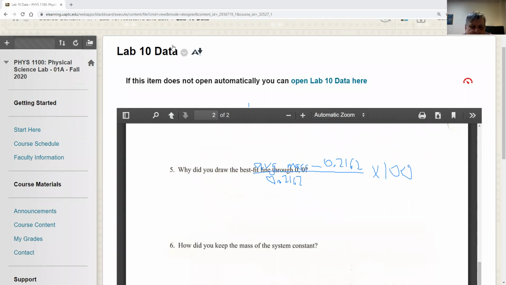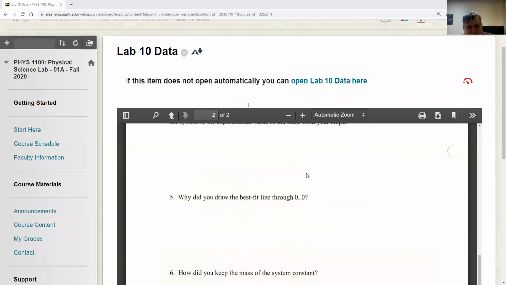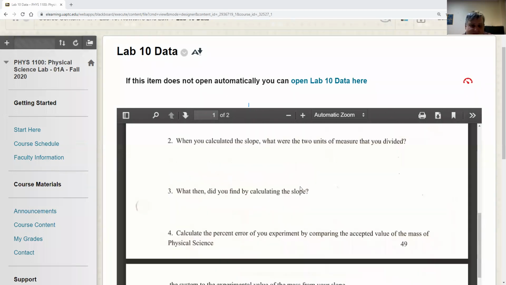Number 5. Why would you draw a best fit line through 0, 0 for this type of problem? Well, what is the 0, 0 representing here? Basically representing how much acceleration you're getting with a certain amount of a hanging force.